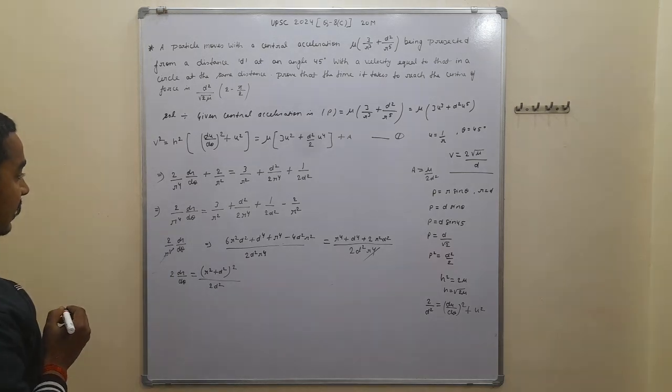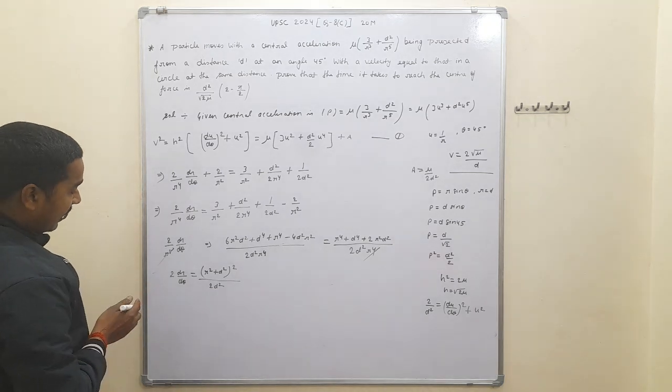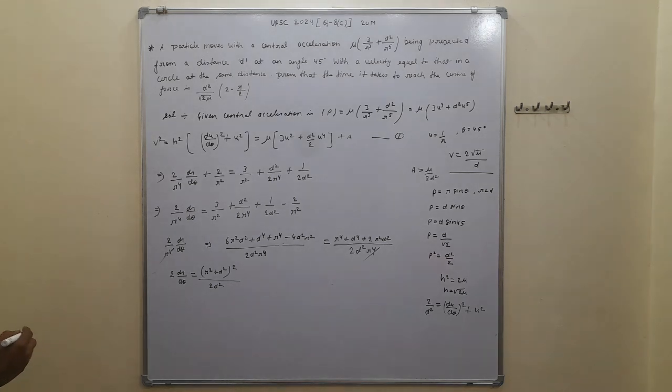2d square, once again 2d square is present, and from here we can also write 2 dr upon d theta, 2 is taking here.